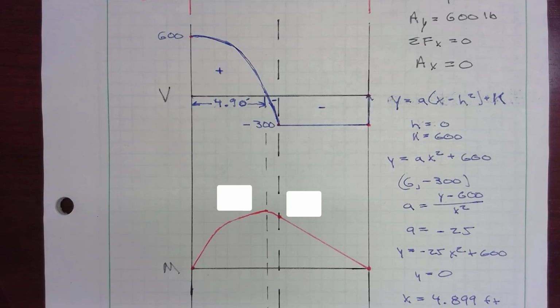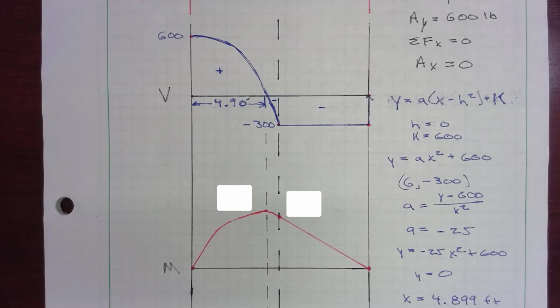But what I also want to show you is another way of getting that 4.9. If we use the equation for a parabola, y is equal to a times (x minus h) squared plus k, and because this peak, or inflection point, is at an x of 0 and a y of 600, we know that h is 0 and k is 600.